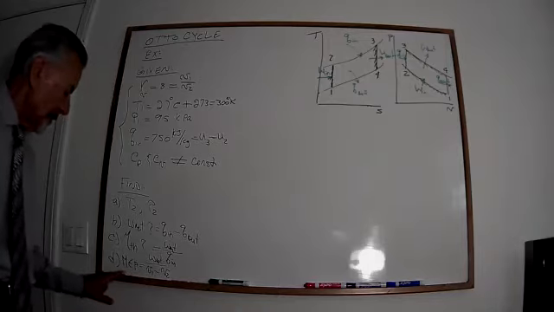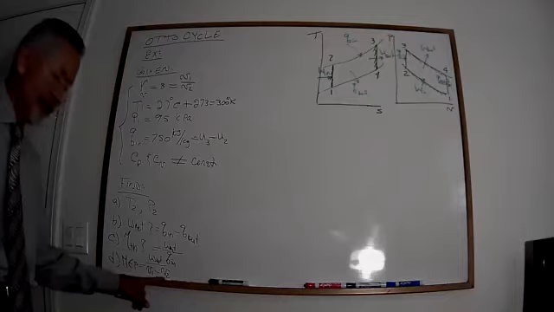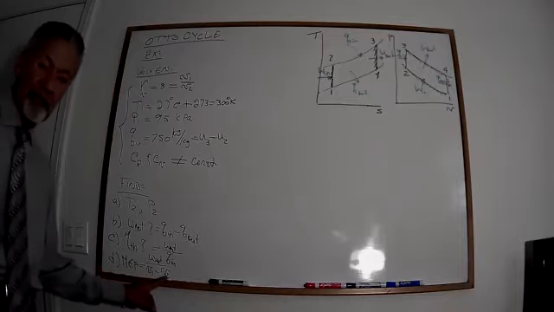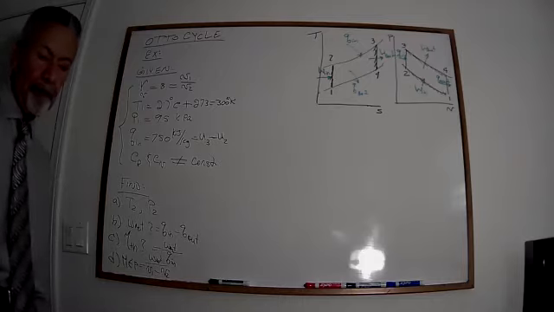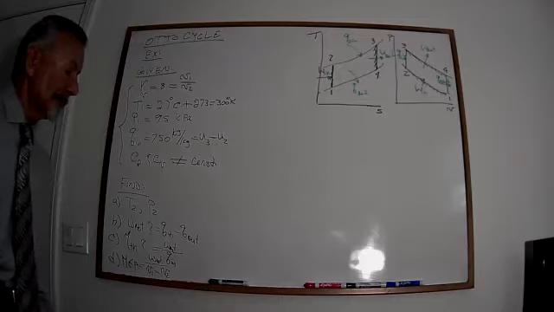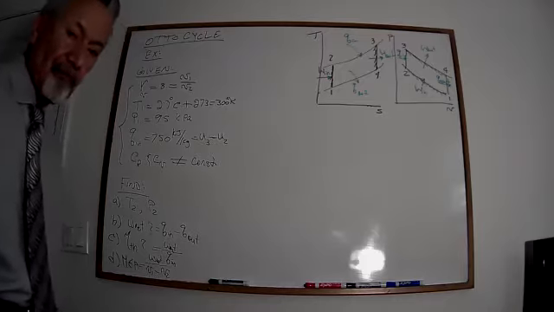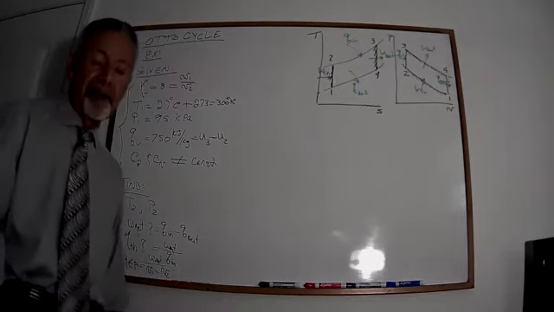Mean effective pressure is the net work divided by V1 minus V2, the maximum volume minus the minimum volume. Is that okay? Yes, thank you. No problem. That's what I'm here for. Any other questions?